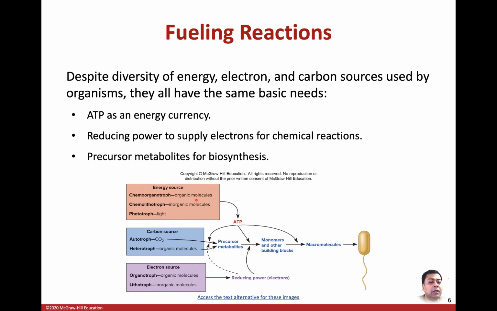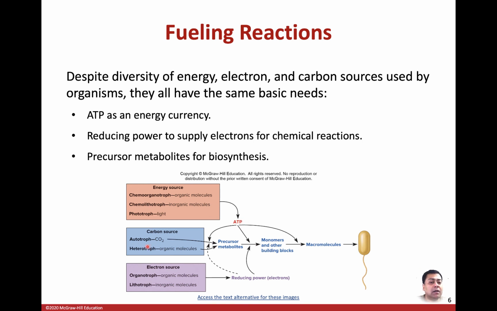Organic molecule means that the energy is already inside those organic molecules. As that organic molecule is being broken down, the energy is released to form ATP. When inorganic molecules in the reduced form are oxidized, that releases the energy that is used for making ATP, whereas the phototrophs use the light source to produce ATP.